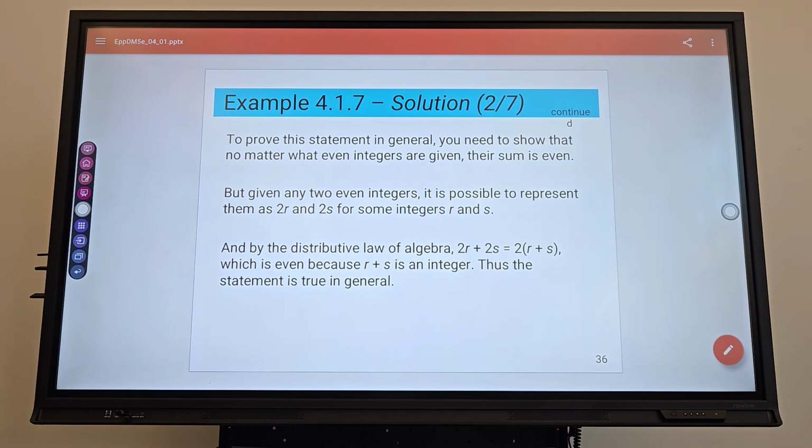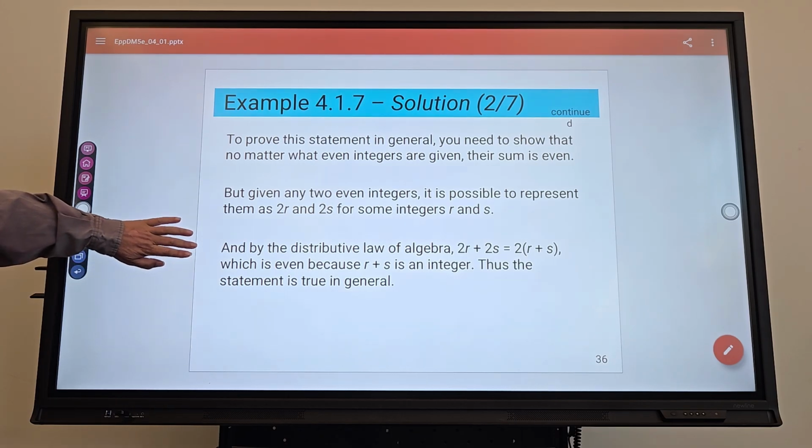But given two even integers, it is possible to represent them as 2r and 2s for some integers r and s. By the distributive law, 2r plus 2s is equal to 2 times r plus s, which is even because r plus s is an integer. Thus, the statement is true in general.